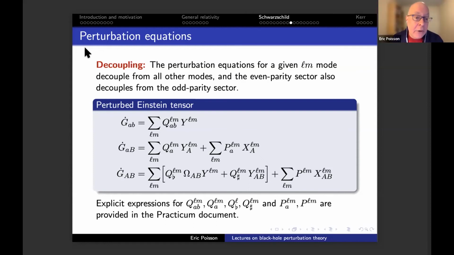Oh, yes. So that's a very good question. Here I'm doing everything from the field equations. Because the field equations are tensorial, I have to work out the tensorial decomposition of the field equations. An option would be to start from the action. So I could start from the Hilbert-Einstein action, and I could introduce my metric perturbation in the action.